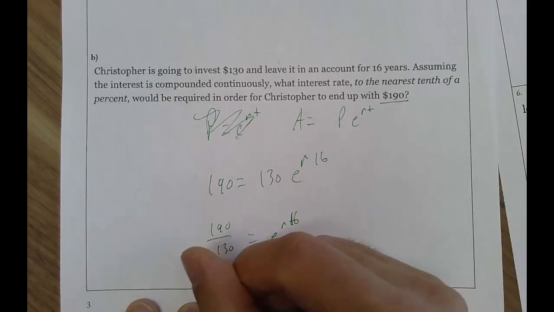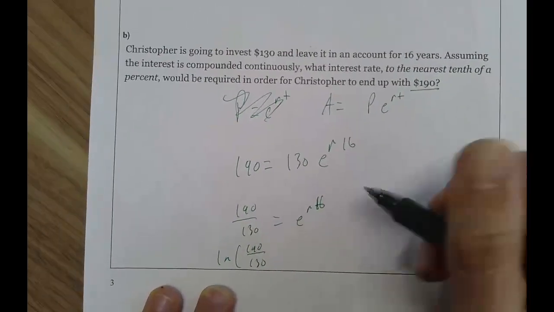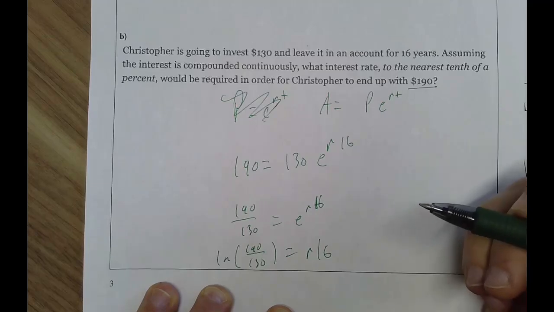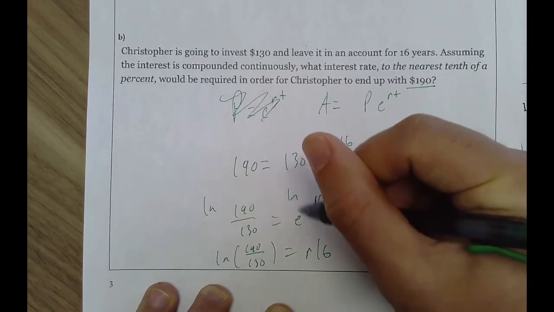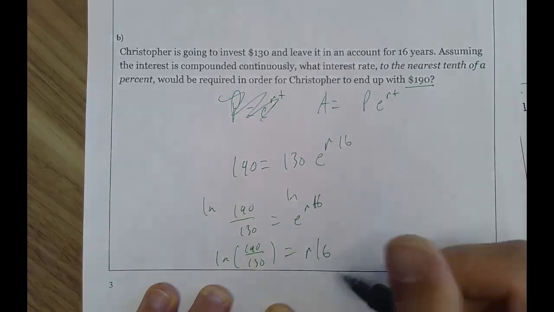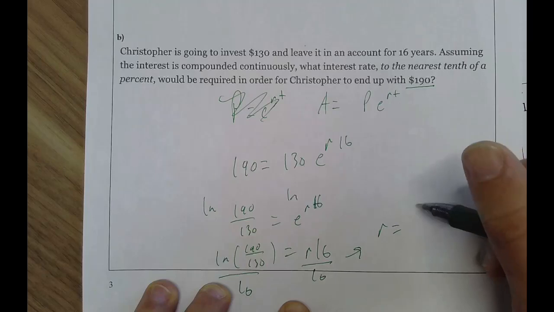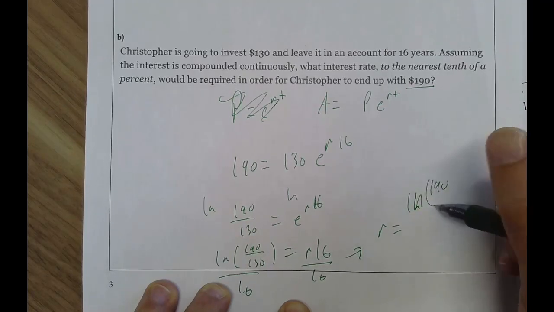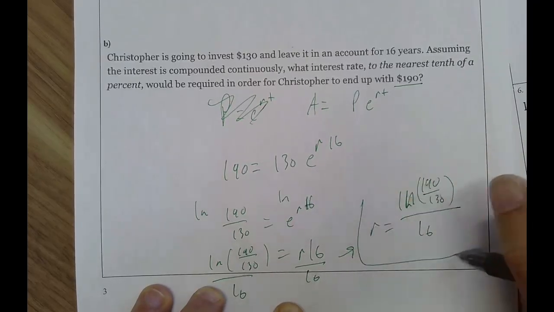And so that'll give us ln of 190 over 130 equals r times 16, because when you take ln of e to the power, that just eliminates the e part, okay? Then we divide both sides by 16, so r would equal ln of 190 over 130, all over 16. And just leave it like that, okay?